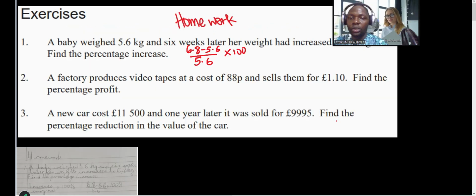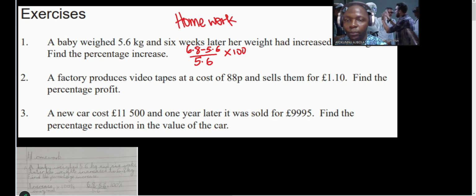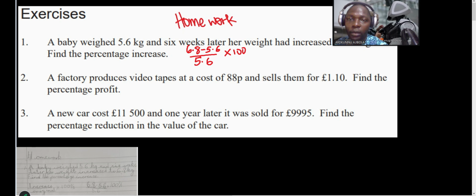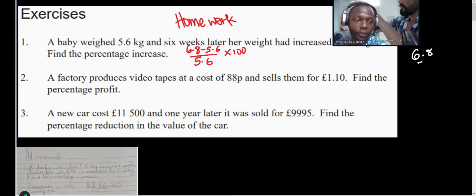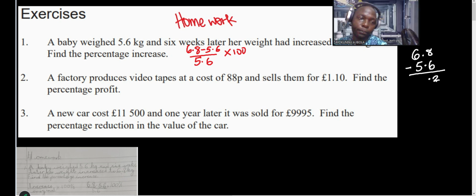So this is what I did anyway, but these are decimals, right? So we could say 6.8 minus 5.6. You subtract, this is 2, right? This is 1. That's 1.2 over 5.6.